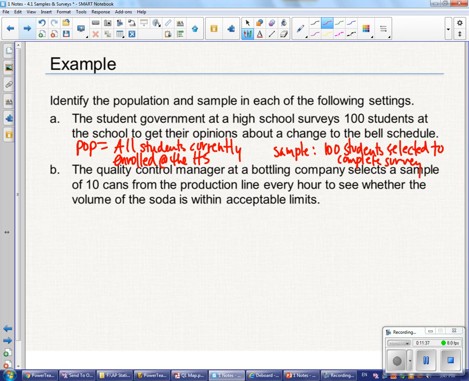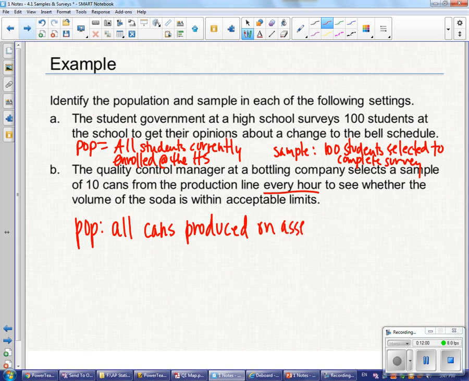In the next one, it says the quality control manager at a bottling company selects a sample of 10 cans from the production line every hour to see whether the volume of the soda is within acceptable limits. There's two ways you can look at this problem. Since we're narrowing it down to every hour, I would define the population as all cans produced on the production line each hour.